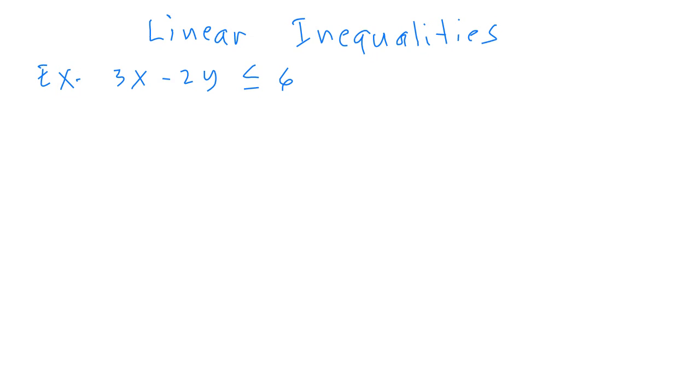If you have less than or greater than, you will have a dotted line. And if you have less than or equal to or greater than or equal to, that should be a solid line for the graph.